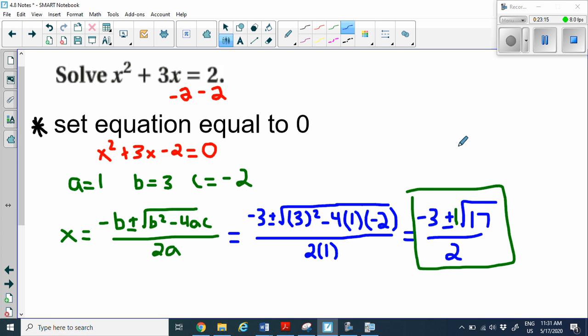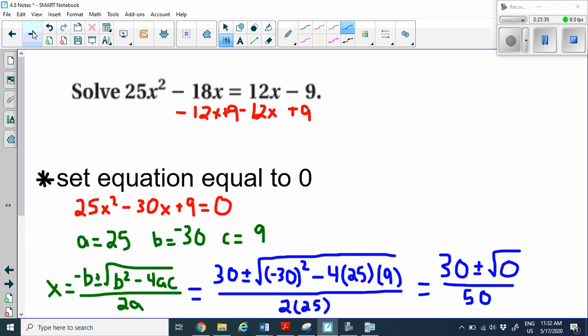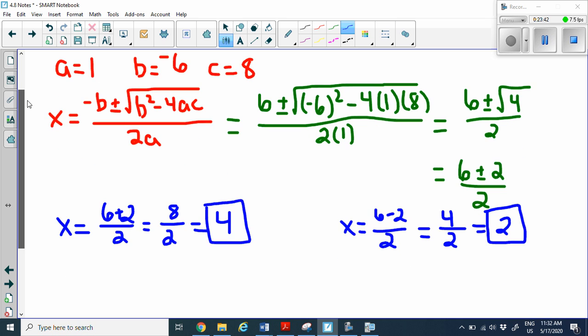Remember from 4.5 that when you have the plus minus, that represents 2 solutions. So this really represents negative 3 plus 1 square root of 17 over 2. That's 1 solution. And the other one is negative 3 minus 1 square root of 17 over 2. So this still has 2 solutions, okay? So you might get 2, you might get 1 solution. It just depends on the quadratic equation itself.